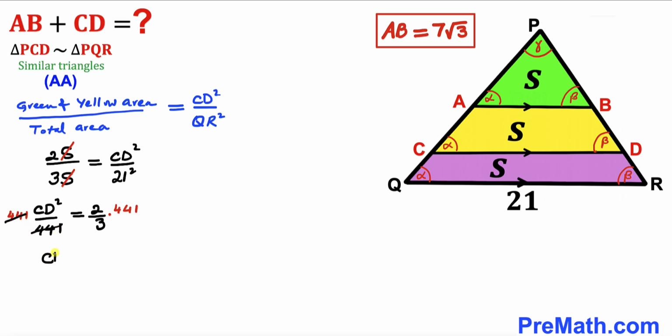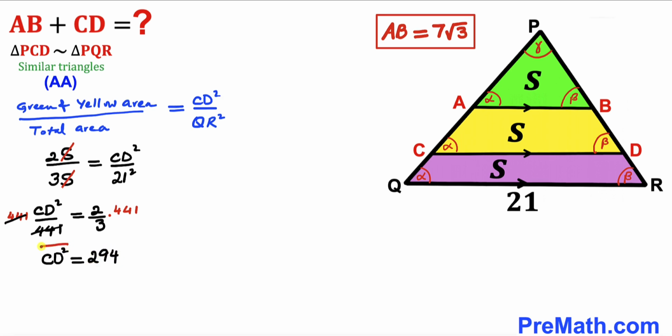So therefore CD squared is going to be equal to, if we multiply the right hand side, 294. And now we are going to take the square root on both sides to undo this square. So therefore our CD length is going to be equal to 7 times square root of 6 units.